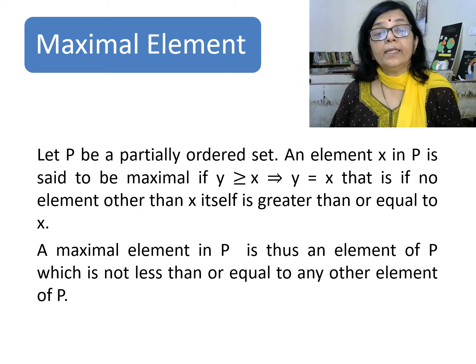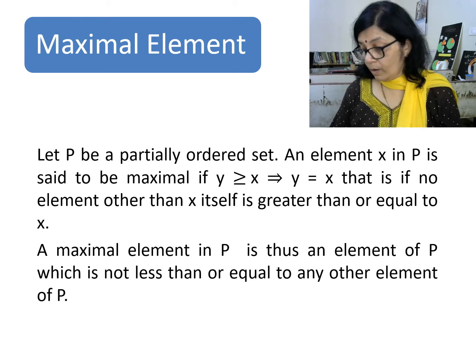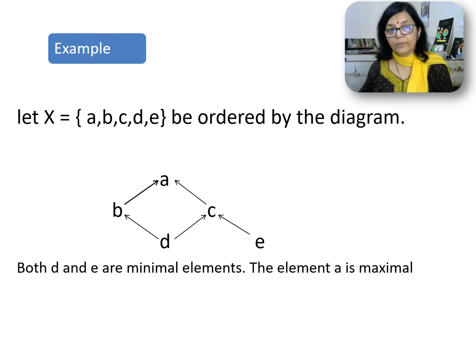A maximal element in P is thus an element of P which is not less than or equal to any other element of P. For example, let X = {A, B, C, D, E} be ordered by the diagram. Both D and E are minimal elements. The element A is maximal.